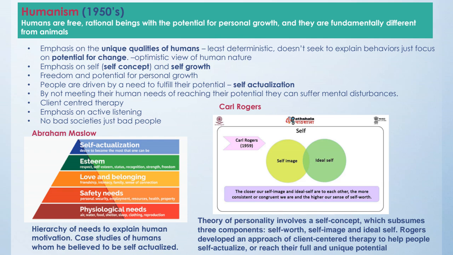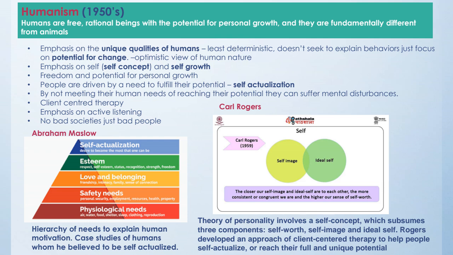So the emphasis with a humanist perspective is very much around developing the concept of self and about growth. Everybody has the potential to grow and become the best person they can be. It's a process in which we're continually trying to fulfill our potential. And so when we're not meeting our needs to reach our potential, when there's a distortion between how we see ourselves, how we think we should be, and how we really are, that can cause mental disturbances.